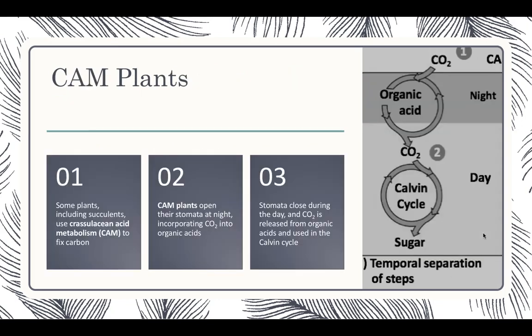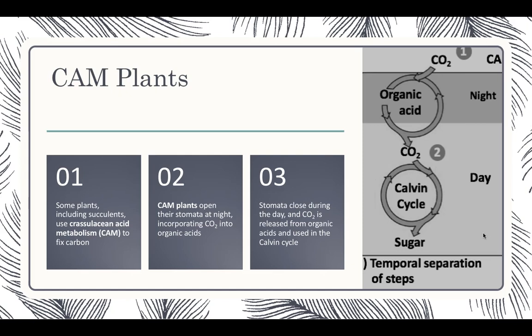CAM plants, which stands for crassulacean acid metabolism, CAM, are plants like succulents. What they do is they open their stomata at night. Instead of opening the stomata in the daytime, they open the stomata at night to allow carbon dioxide in, and they incorporate that carbon dioxide at night into an organic acid.